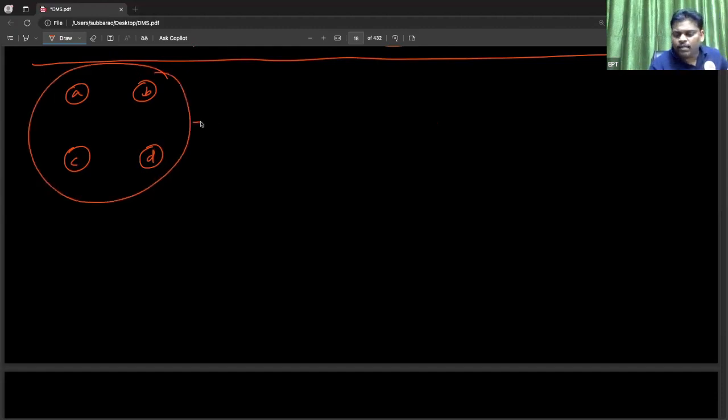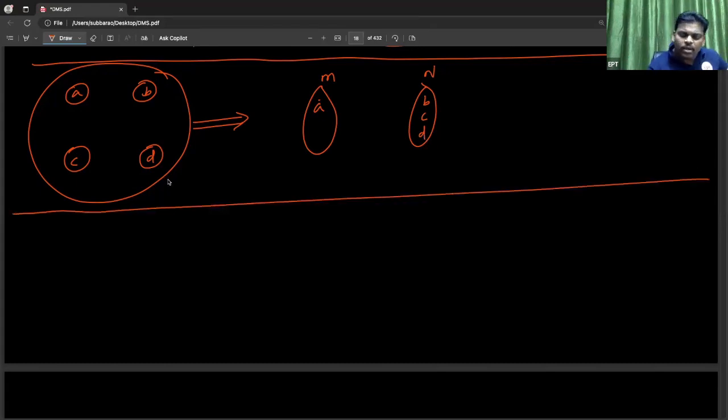Remember, it's a null graph, a 4-vertex null graph. This is also a bipartite graph. See, M here, N here, A here, B, C, D here. No problem. If any edge is there, it goes from M to N. If no edge, no problem. See, every edge I cover, so it is also bipartite.